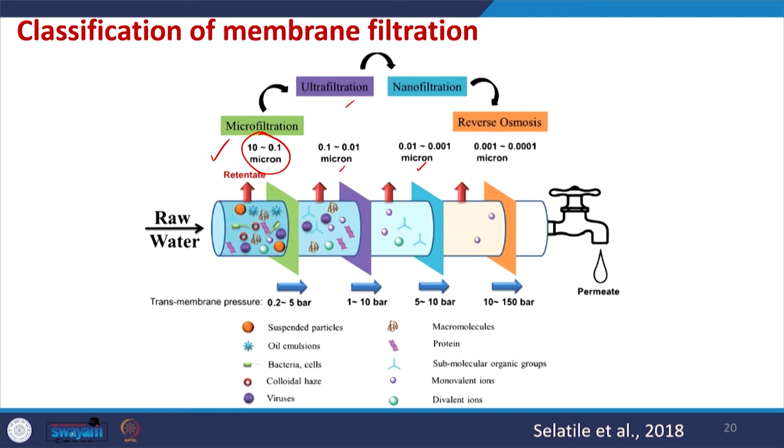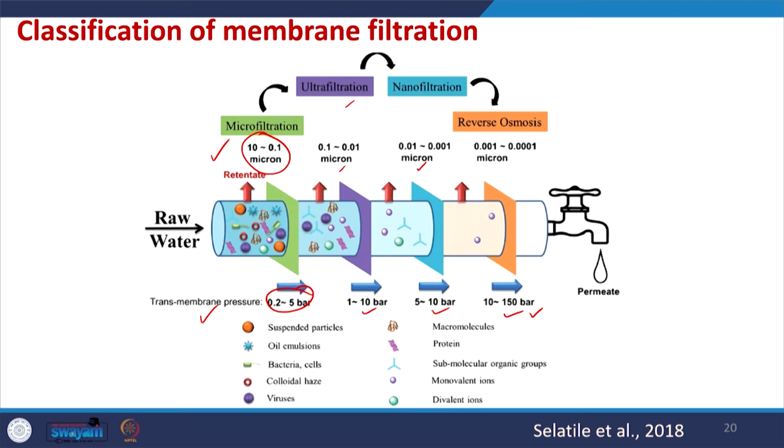Along with the same, we can see the transmembrane pressure being used is going on increasing. So, we have the consumption of electricity for having this much pressure drop.